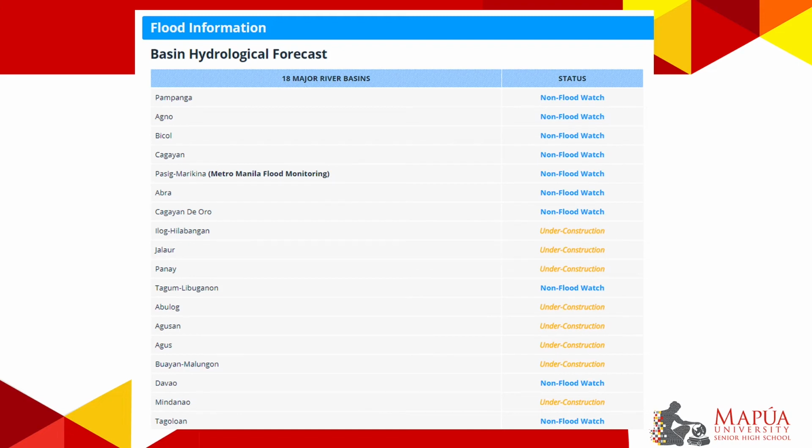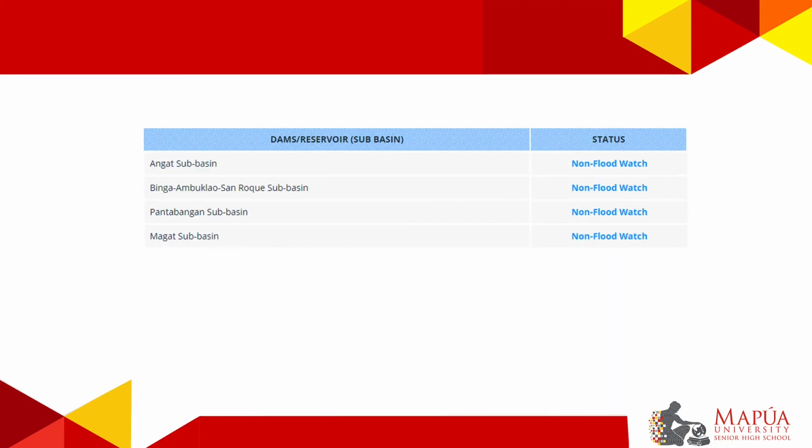These 18 major river basins are looked at closely by PAGASA to determine whether or not river flooding will happen near communities near these river basins. Then we have Angat Basin, Binga, Ambuklao, San Roque Basin, Pantabangan Basin, and Magat Basin.